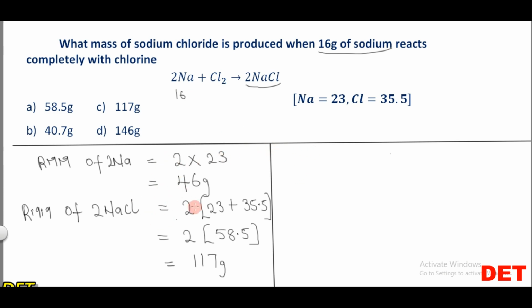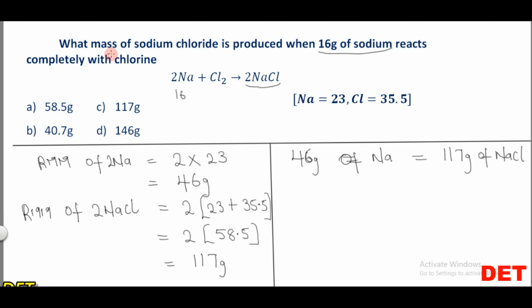We know from this equation that 46 grams of sodium produces 117 grams of sodium chloride. So 46 grams of sodium gave us 117 grams of sodium chloride according to the equation.